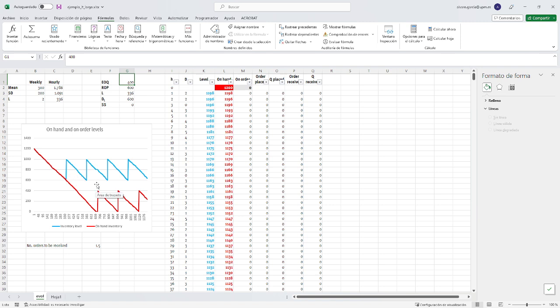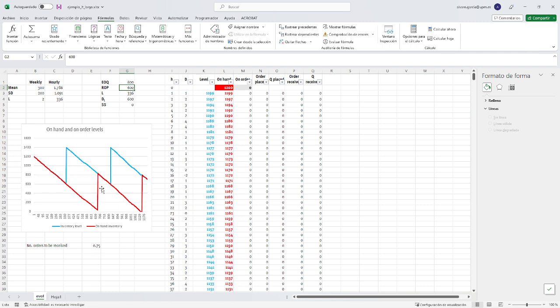Okay, so this is what happens, and it is not unnatural to have several orders placed. This might happen if the holding cost is very high. I prefer to pay several times for placing orders than having a large amount of inventory within my warehouse, because as I increase this value, let me do that again, from 400 to 800, this red line gets higher, so I have more inventory level.